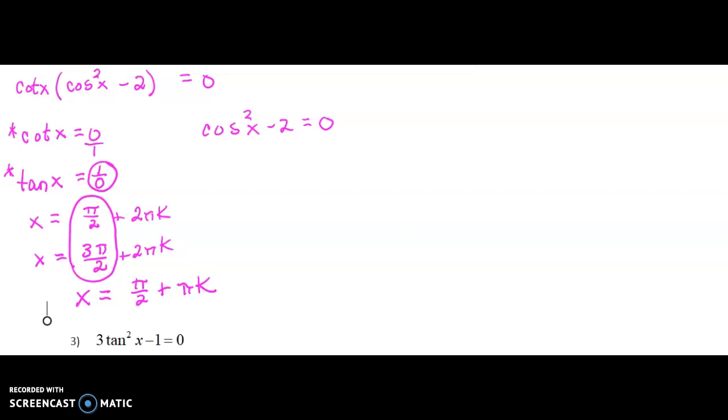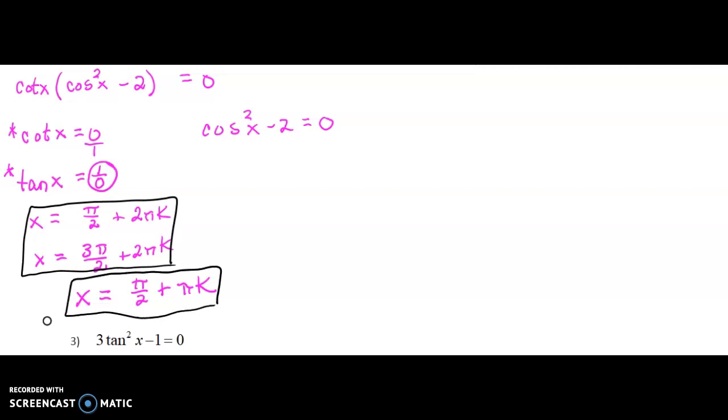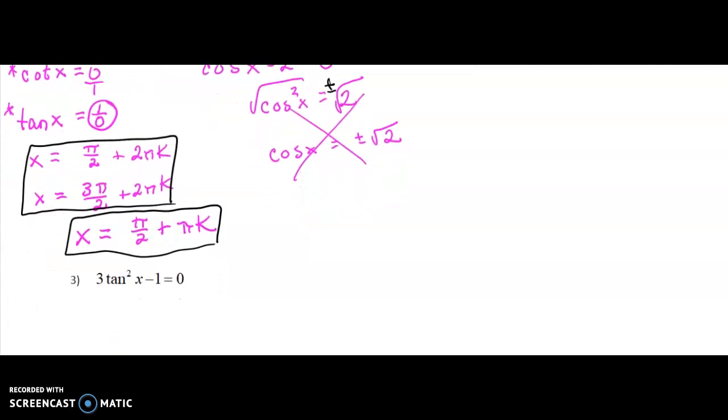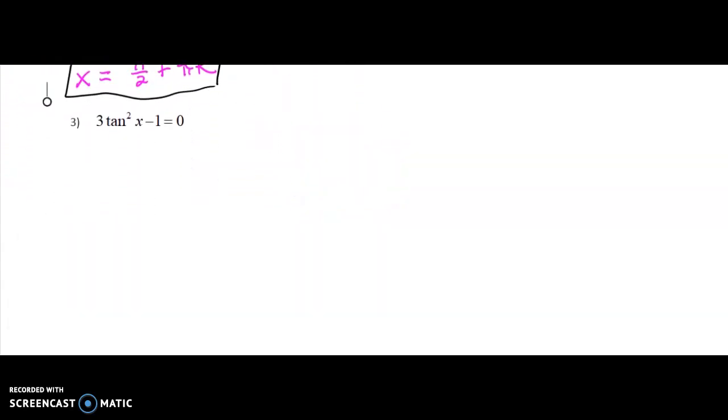So you could have either these two answers together, or you could have this one answer. All right, let's solve the other part of it. Add 2, cosine squared x is equal to 2, square root, always put a plus minus when you square root. So we'd have cosine of x is equal to positive or negative square root of 2. That is not an angle, so we throw that one out. So what I have boxed in black is the only answer.